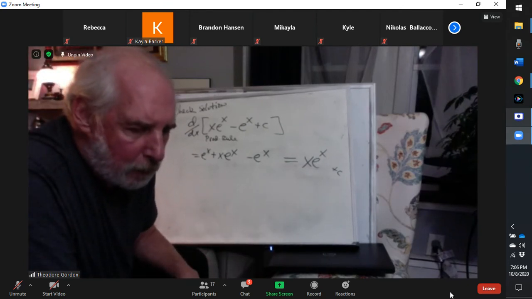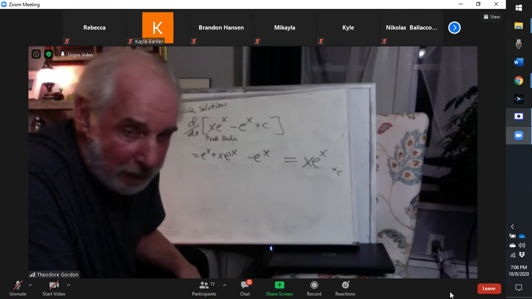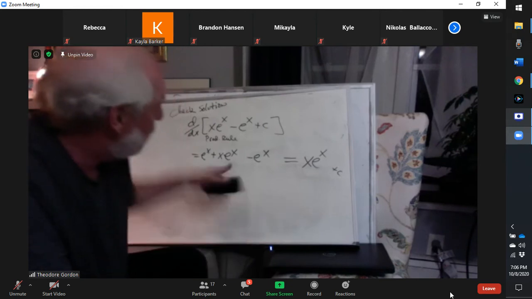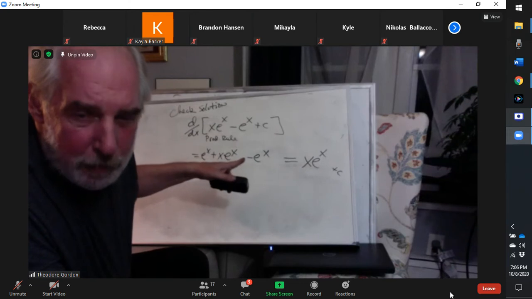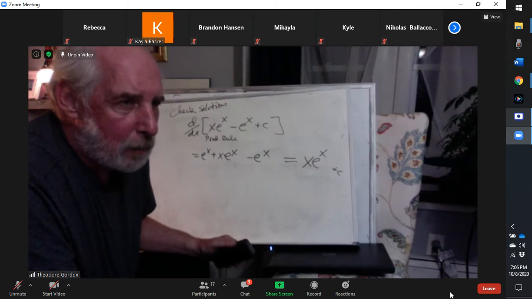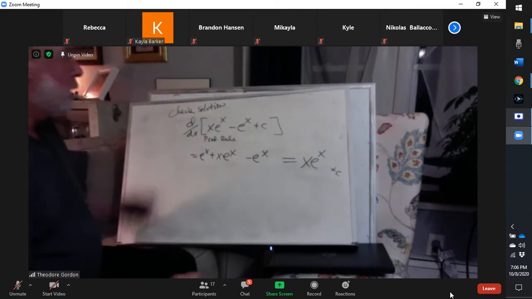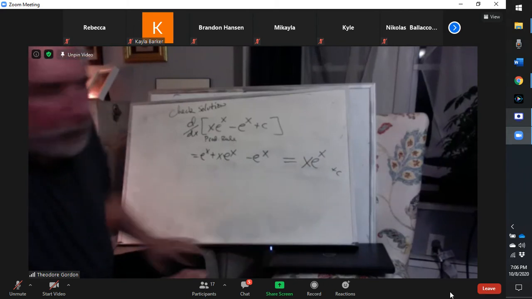When we get to the section in chapter 8 called trigonometric substitution, we turn things into sines and cosines of thetas. Doing the derivative of your answer, you might not get what looks like the function you started with, even though it is. All right, so that's our first example tonight.